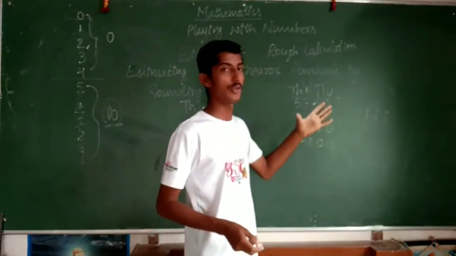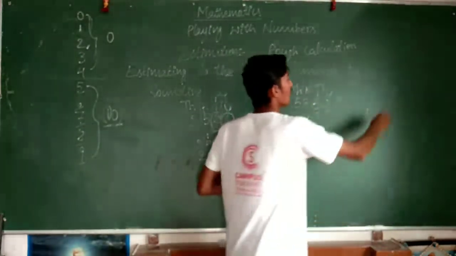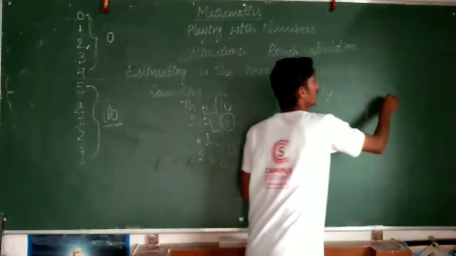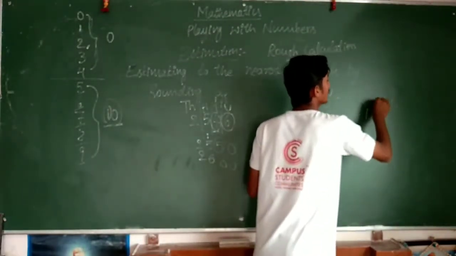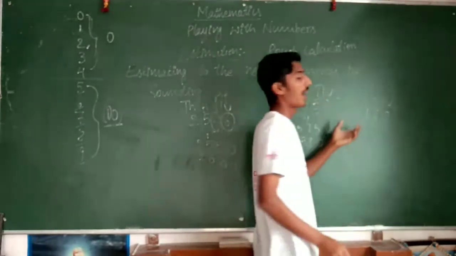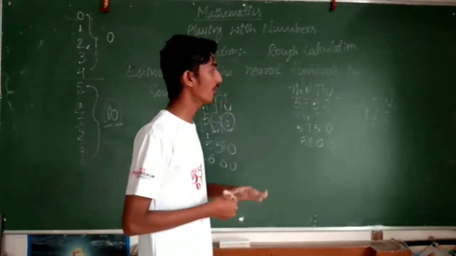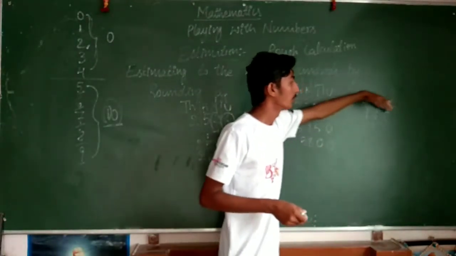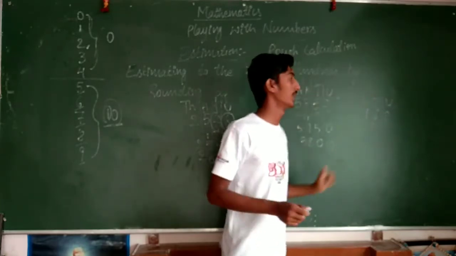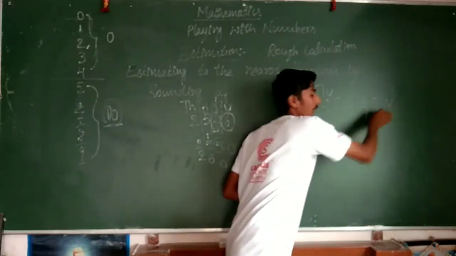Okay, now we can take another example. 168. First we have to place a place value chart on the number. In unit place we have 8. In 10 place we have 6. In 100 place we have 1. First we have to make a 0 in unit place. In unit place we have 8.